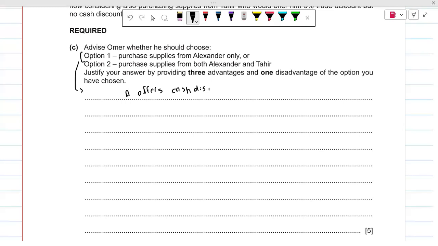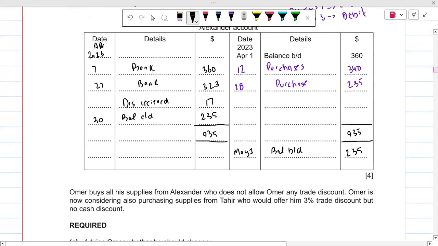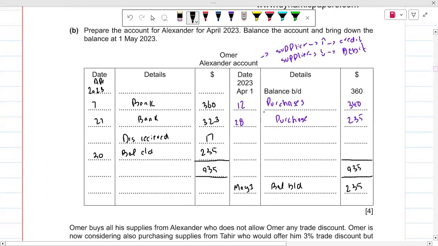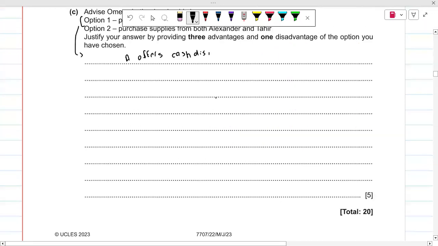One thing is that, as we can see, we are receiving $17 discount from Alexander. If we try to calculate it, we are receiving 5% discount from Alexander. This is also a positive thing.